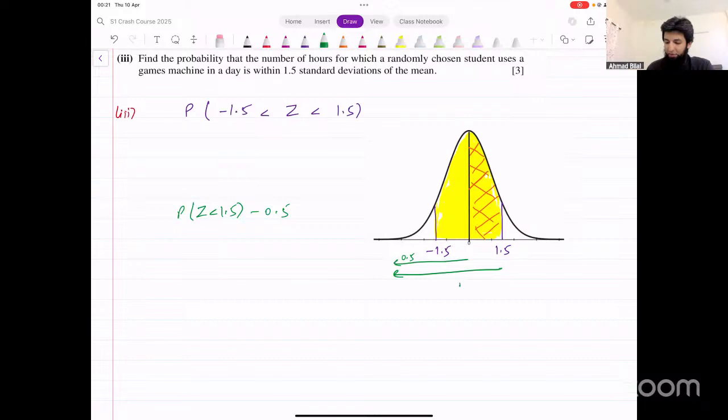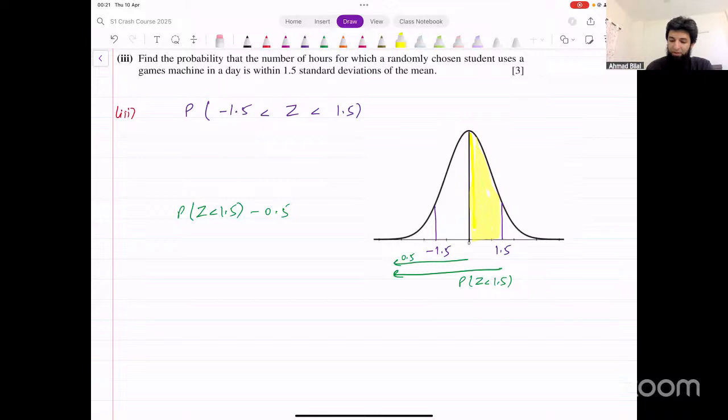Z less than 1.5. Subtract from that. On the left side, we have 0.5 probability. We can just get rid of that probability. So I'll just get rid of this shading so it becomes a bit easier to understand. What I'm doing is I'm saying, let's find this area. And then I'll just multiply that by 2.